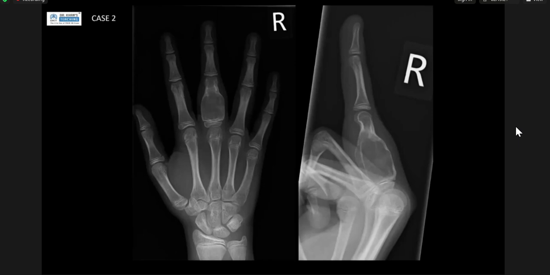So can I know what the patient has presented with, the history for the patient? They had trauma playing netball and they had some pain in their ring finger.